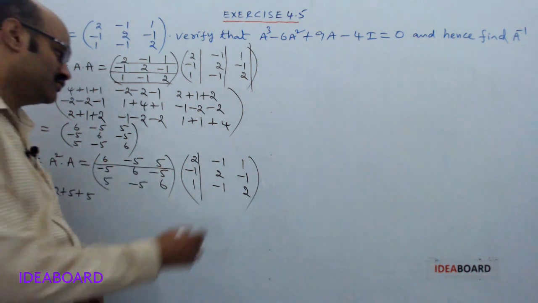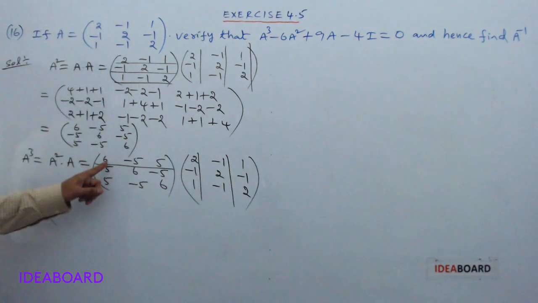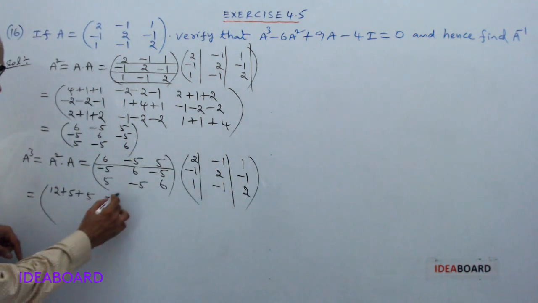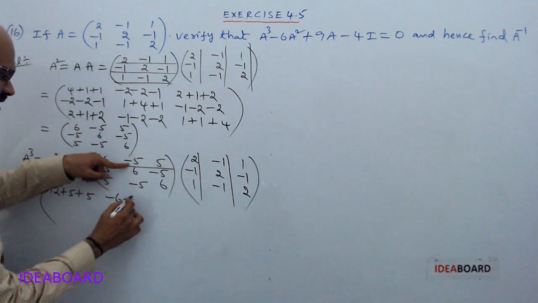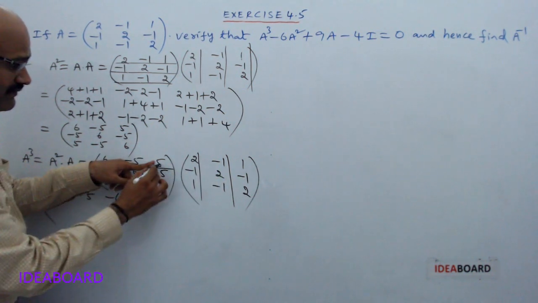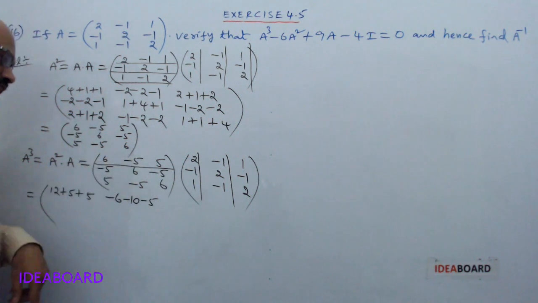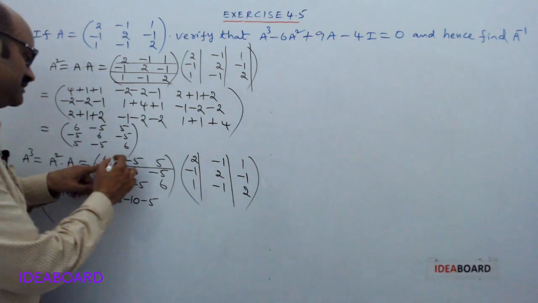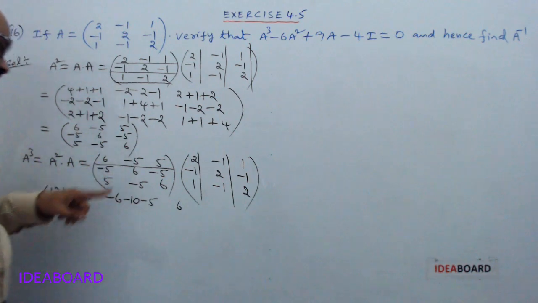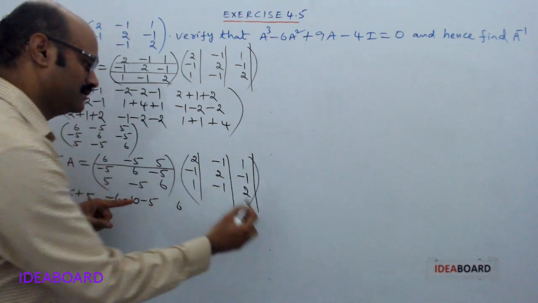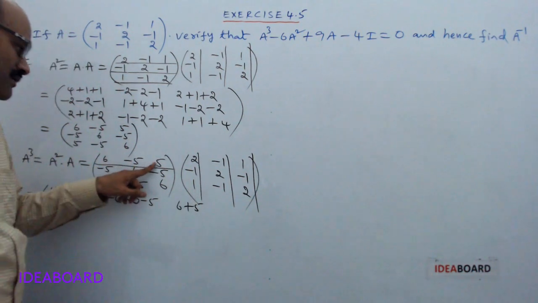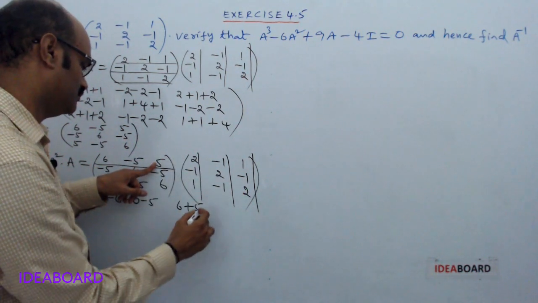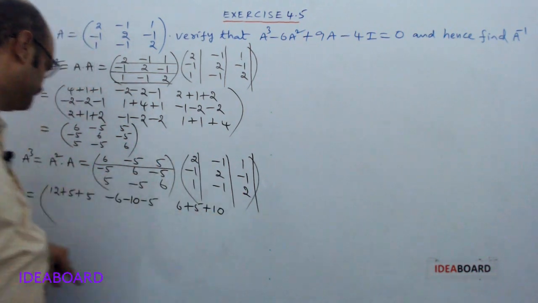Now first row into second column, minus 6, minus 5 into plus 2 is minus 10. Next 5 into minus 1 is minus 5, 6 into 1 is 6, minus 5 into minus 1 is plus 5, 5 into 2 is 10.